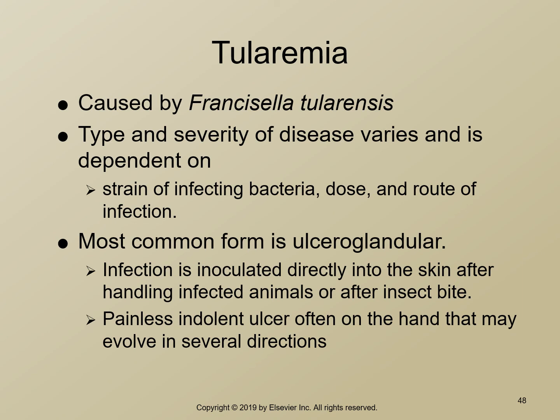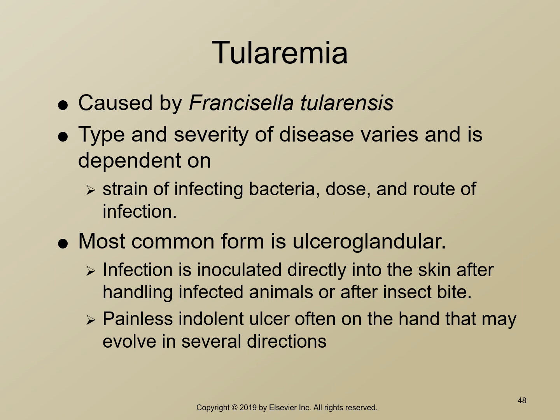Tularemia is the last zoonotic dermatologic presentation we'll look at. Tularemia is caused by Francisella tularensis, a gram-negative coccobacillus, and it can occur in several forms, including glandular, ulceroglandular, oculoglandular, pneumonic, and septicemic or typhoidal.